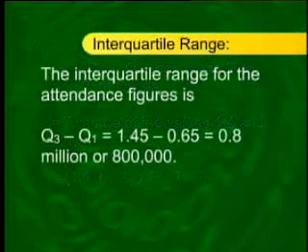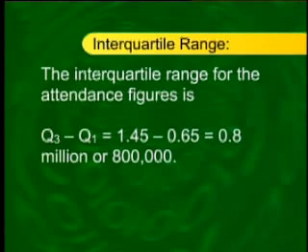Now, the interquartile range is given by Q3 minus Q1, and therefore, subtracting 0.65 from 1.45, we obtain 0.8 million, or in other words, 800,000 as the interquartile range.